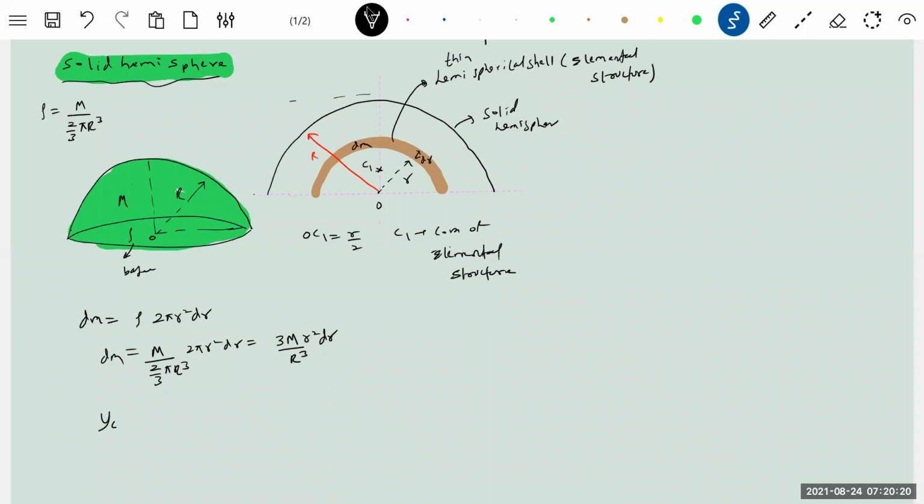Then what is our definition? YCM. First, what is the definition? The center of mass of the hemispherical shell OC1 is the integral of the center of mass of the element times its mass, divided by the total mass.